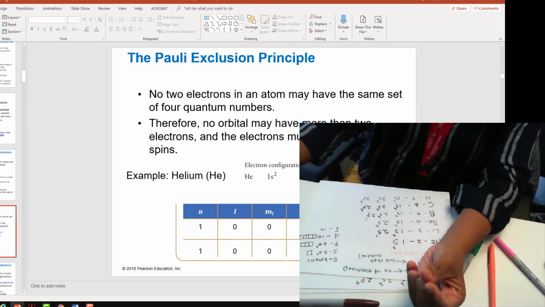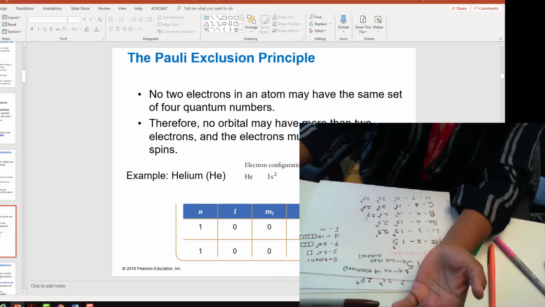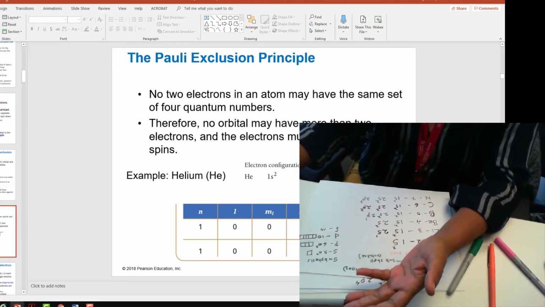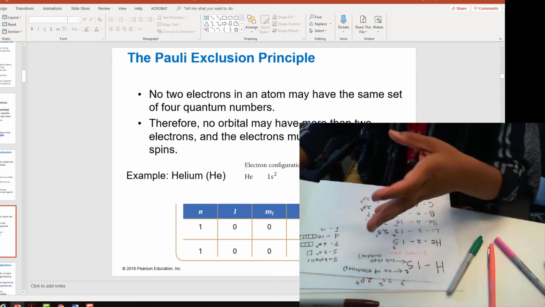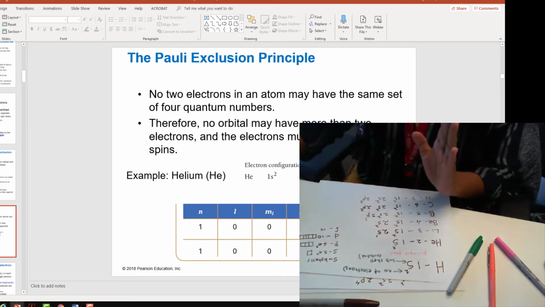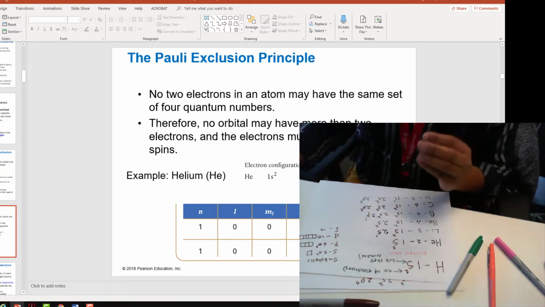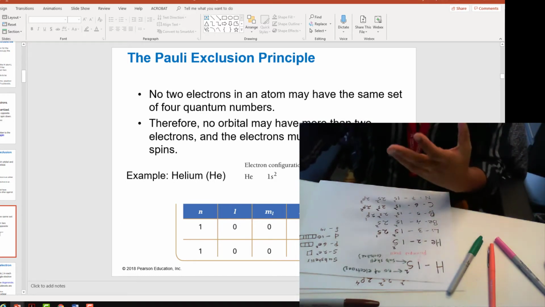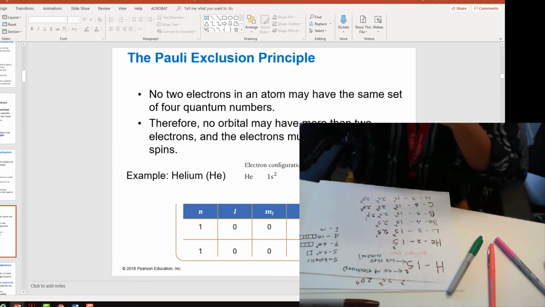If you look at helium, what is the principal quantum number? 1. L is 0, so you have only an s orbital. Ml is 0. When you have 2 electrons, because of the spin quantum number, each electron has its own spin quantum number, so we can differentiate electrons. Up means spin plus half, down means negative half.